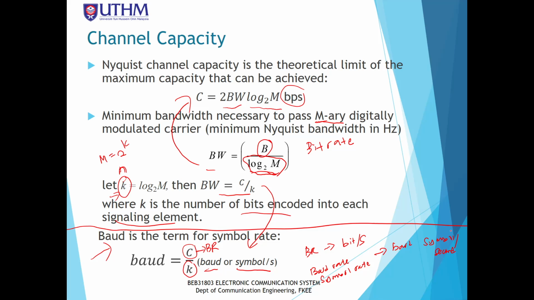Okay, so symbol rate menggambarkan berapa banyak simbol yang boleh dihantar dalam masa 1 second.